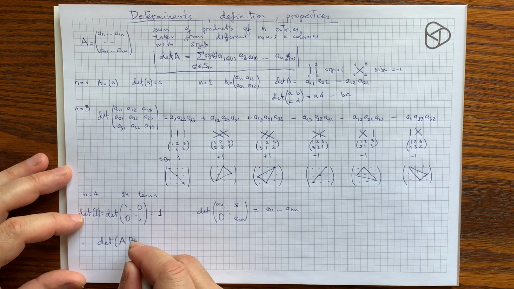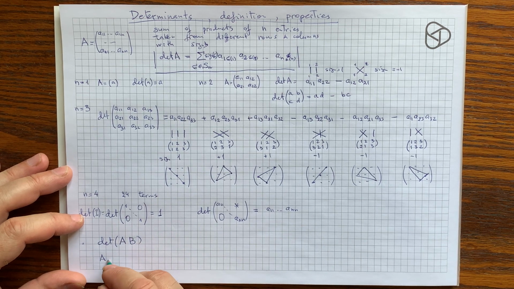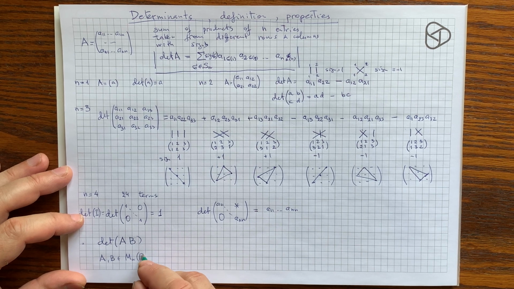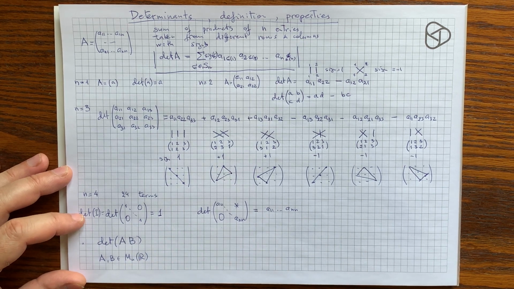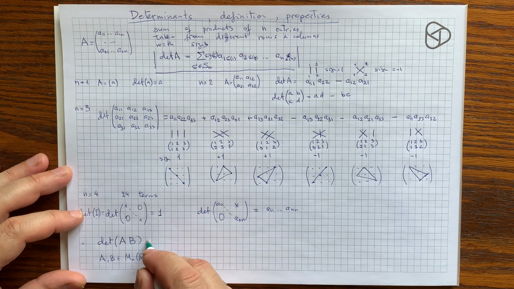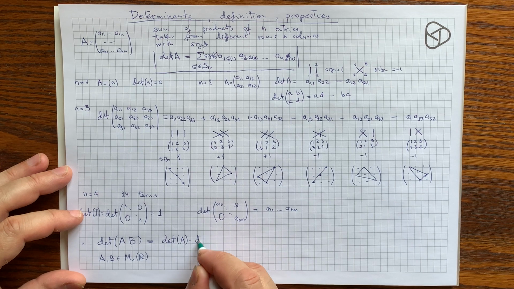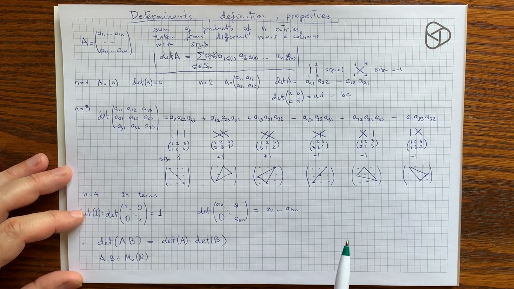If we take two square matrices of the same size, we can multiply them, and the result will again be a square matrix of size n. The determinant of the product will be the product of determinants. That is a very useful property.